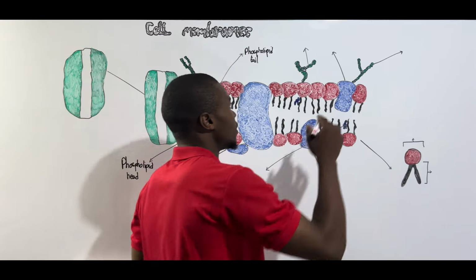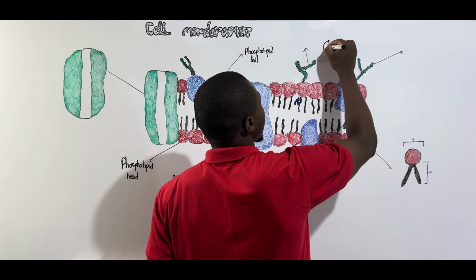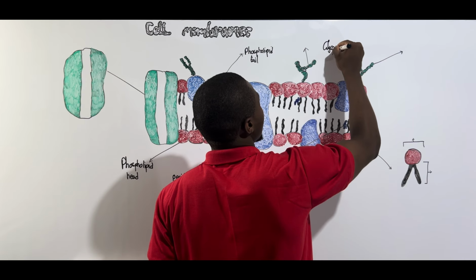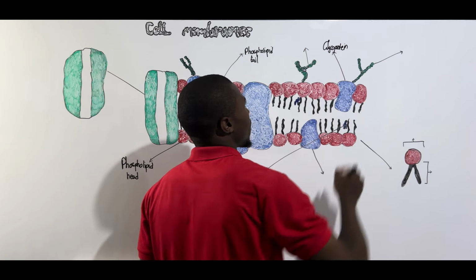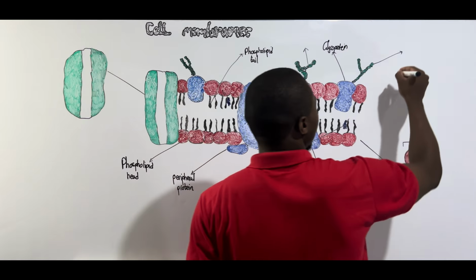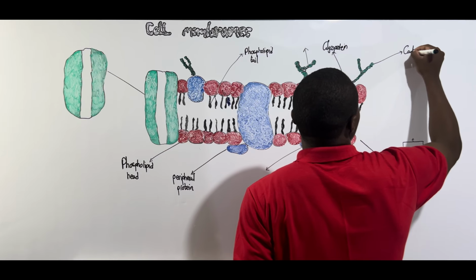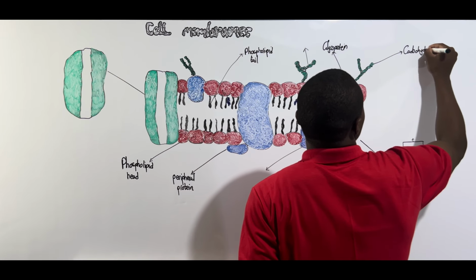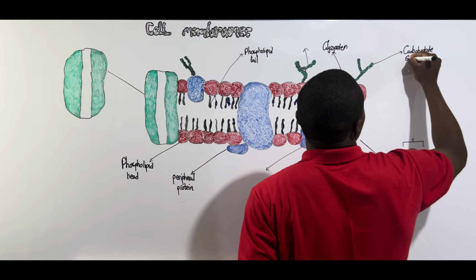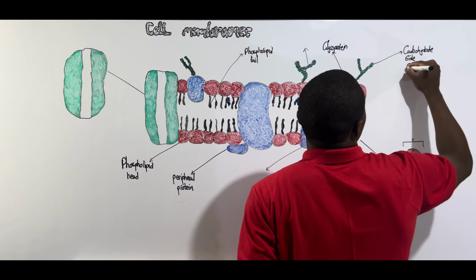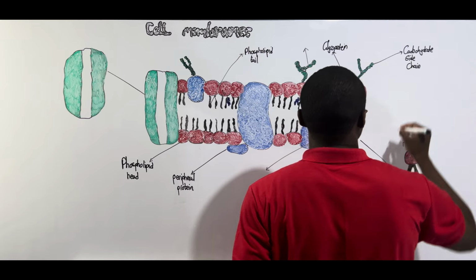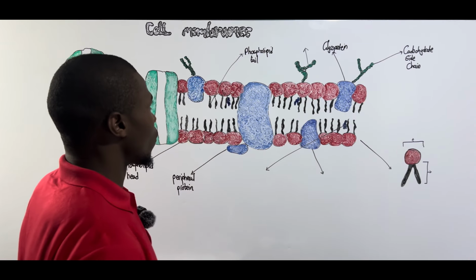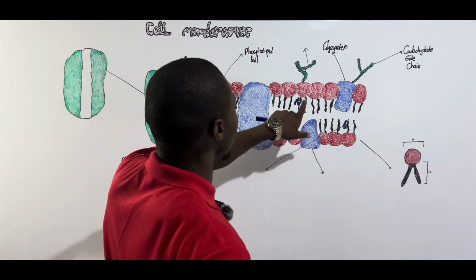As a result, this type of protein is known as a glycoprotein. That side chain is a carbohydrate side chain.